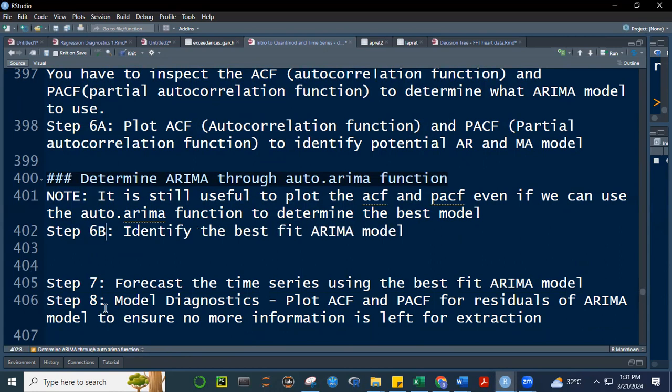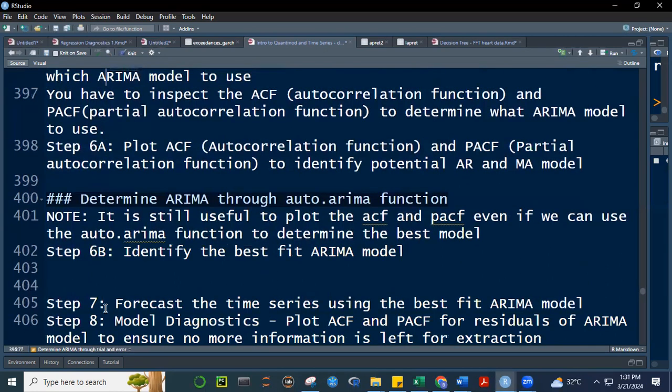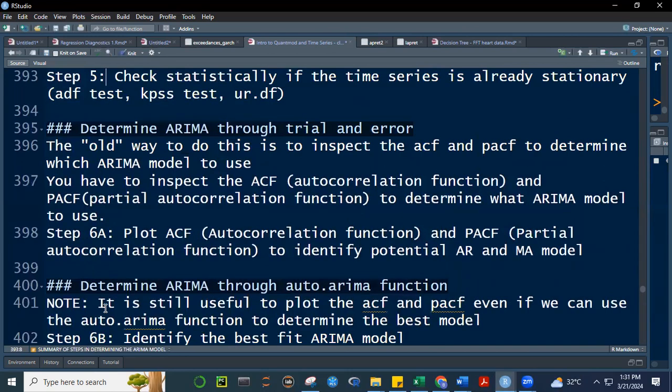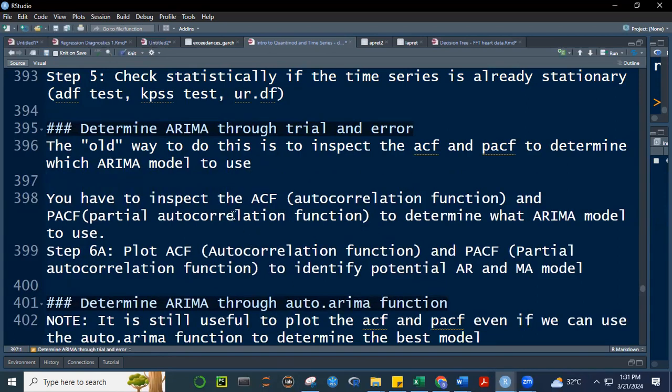Okay. All right. So, before, class, we're now on the threshold of creating an ARIMA process, an ARIMA model. So how do you do that? Before, you had to plot manually the ACF, which is the autocorrelation function, and the PACF, partial autocorrelation function, to determine what ARIMA model to use.